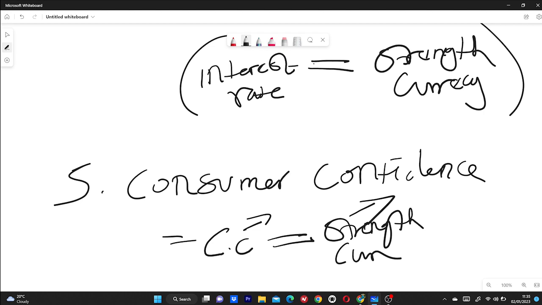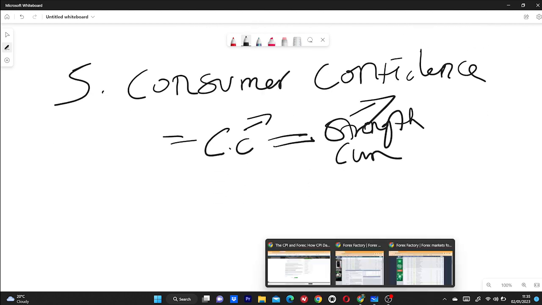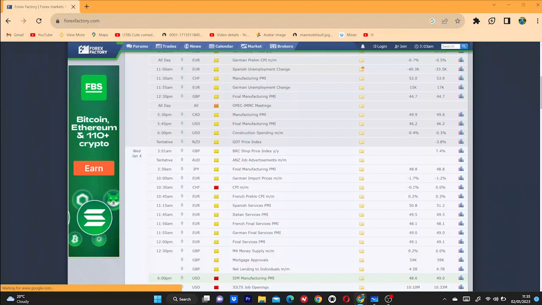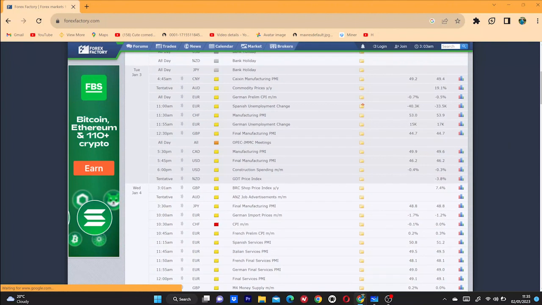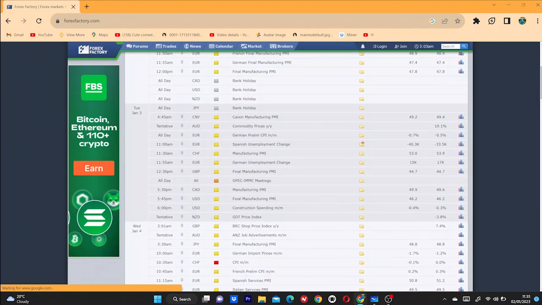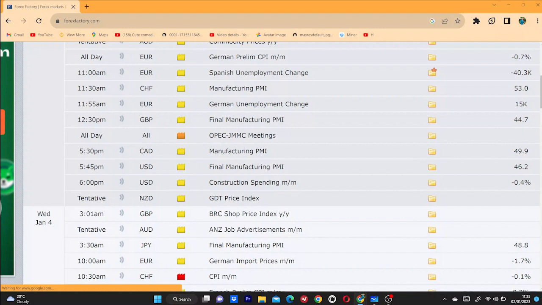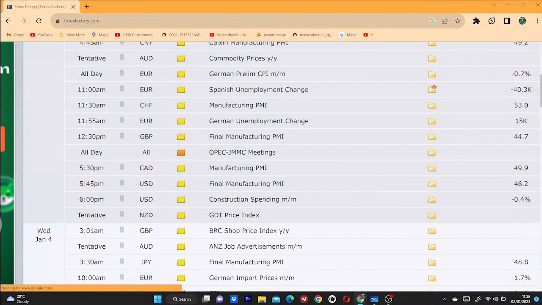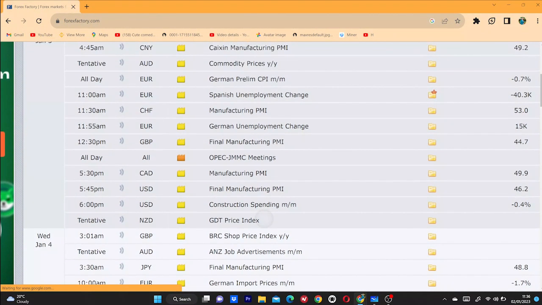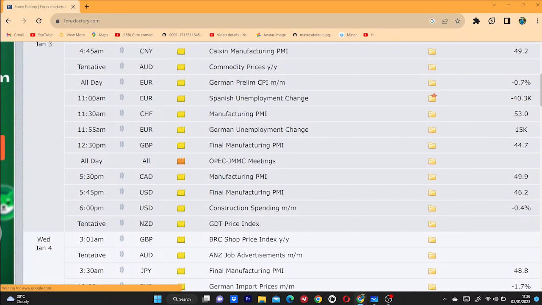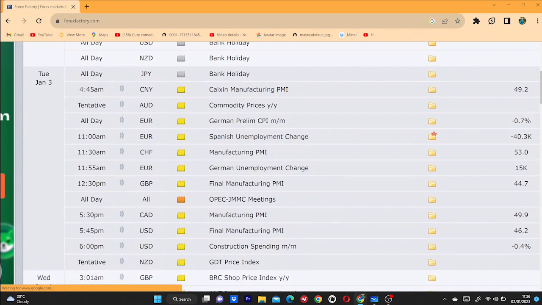So that is what we have to be looking at, the major economic indicators on the US dollar. When you go to the Forex calendar, that is what you look at. Then you will be coming to other currencies, because we have started with the US dollar. For example, on this day you can see there are a lot of things we are expecting.